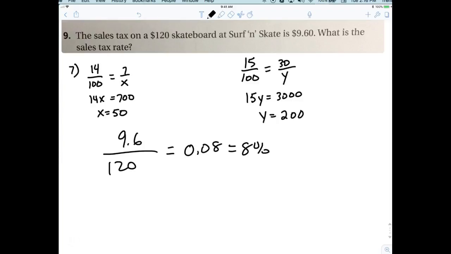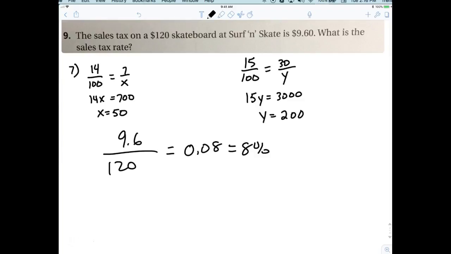What's 120 times 0.08? It's 9.6. Exactly. Make sure that makes sense in your brain, right? So if I do 120 and multiply by 8%, I get 9.6. So if I'm missing the percent, I take the part and divide it by the whole, and that gives me the percent.